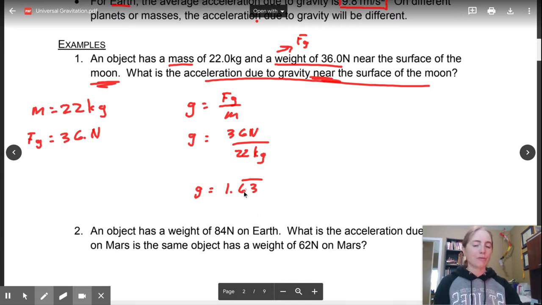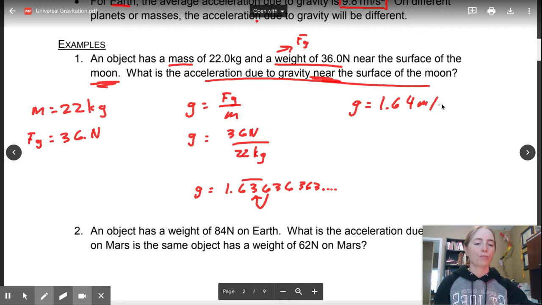Because it's 1.636363 and so on, when you round for sig digs, you need to take that into consideration to round it up. So our value is 1.64 meters per second squared.